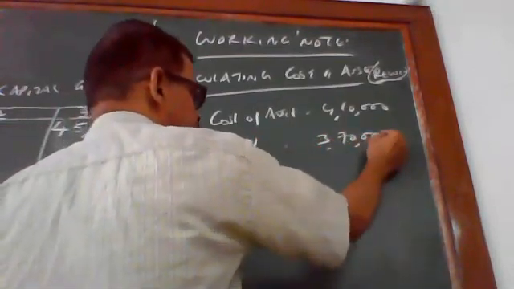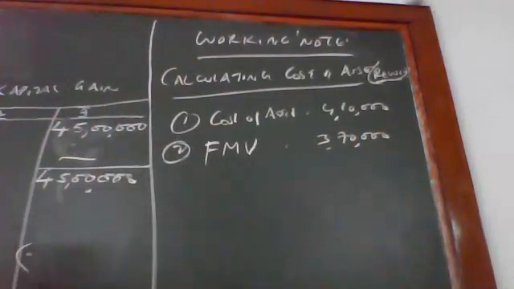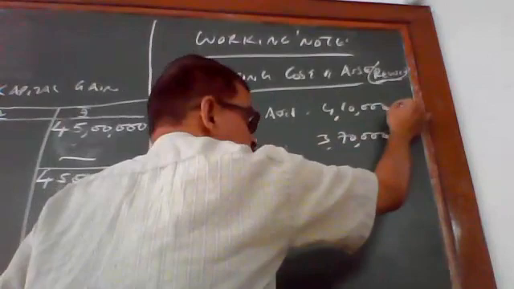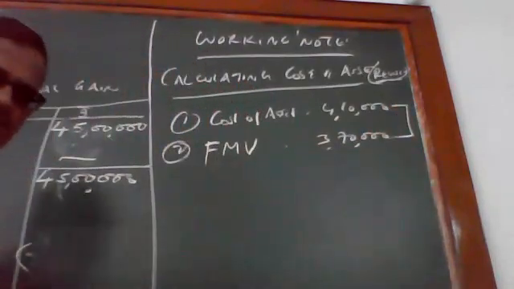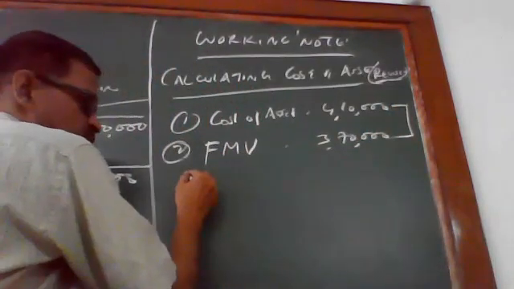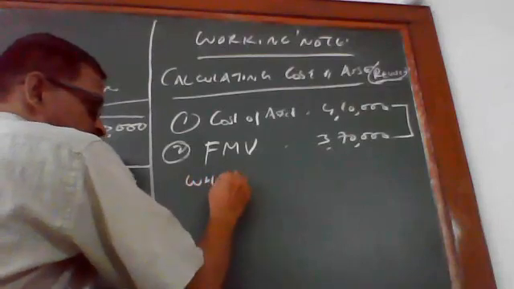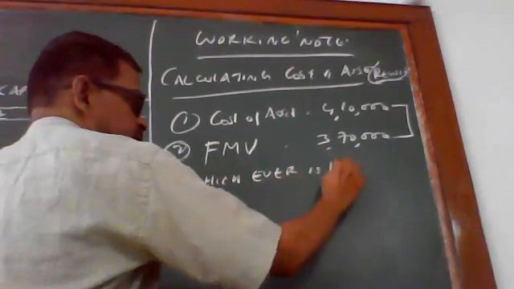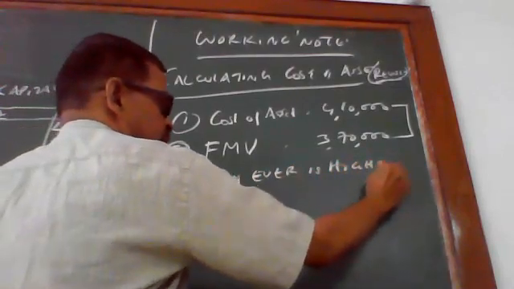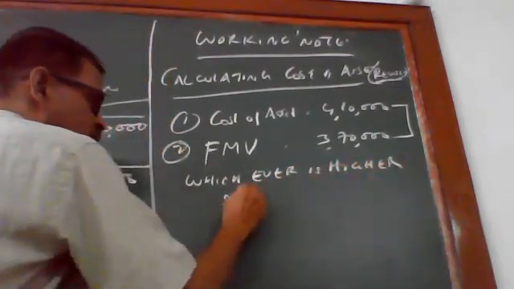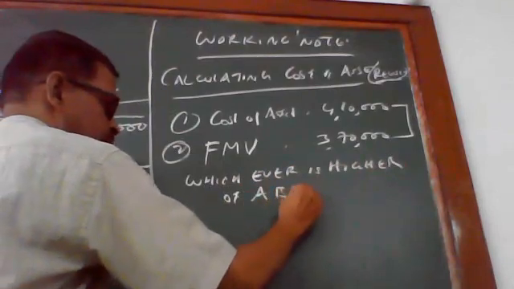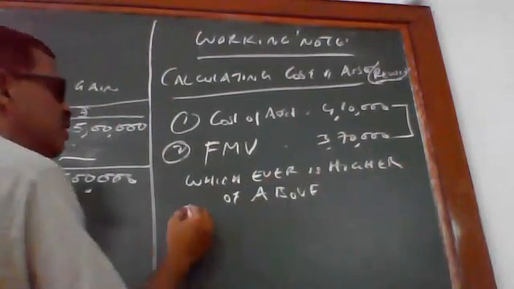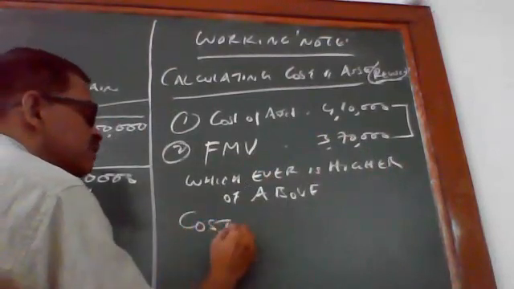Now, out of these two, whichever is higher is called the cost of asset revised.